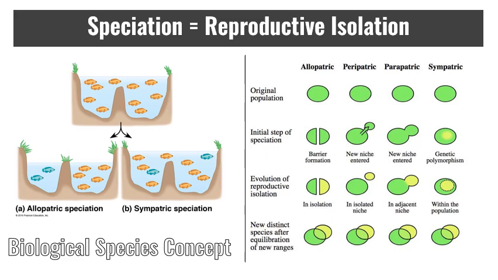Now, there are other types like peripatric and parapatric, but you'll notice if you compare the diagrams that they're looking at how niches are entered, okay, and if the niches are still connected or not more than anything else. So we're going to pretty much ignore those for most of this. So species concept, we're going to use the biological species concept unless they tell you otherwise.